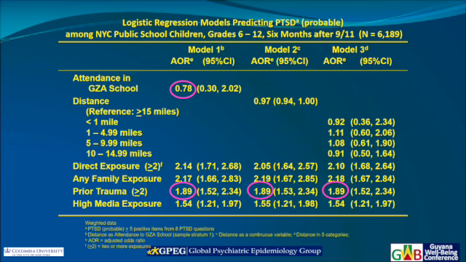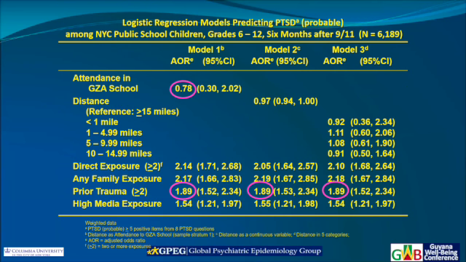This is a logistic regression model looking at distance related to the trauma. What we found was that those attending a ground zero area school were actually somewhat protected against PTSD. Now, that's a very controversial statement.